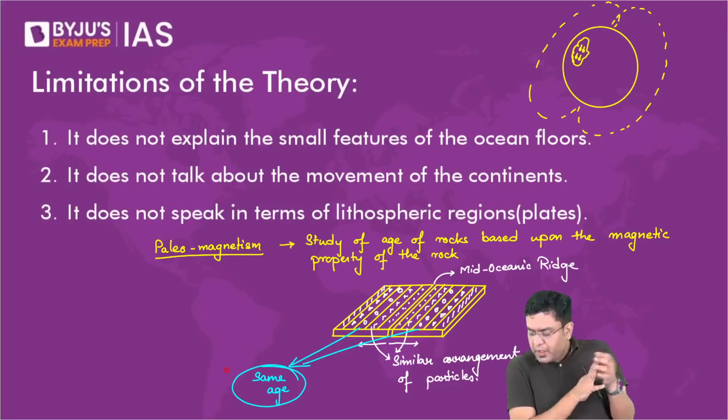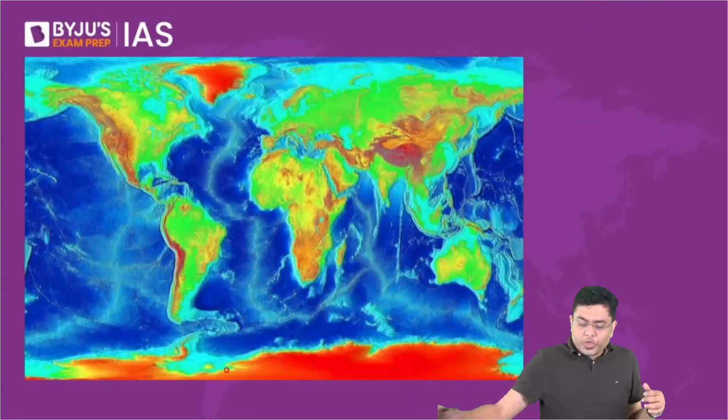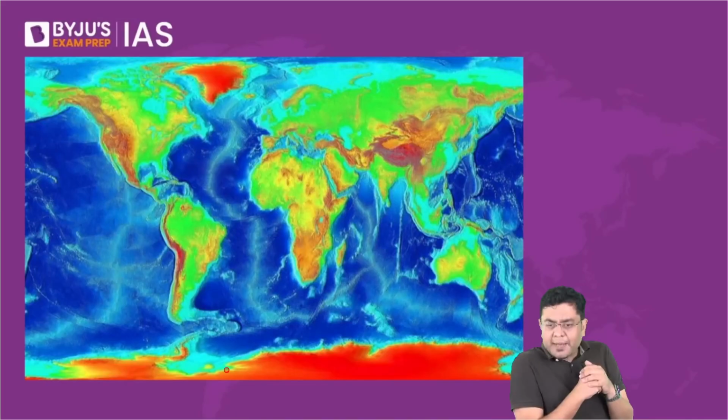Mid-oceanic ridge. A ridge is an upraised portion. Any kind of upraised portion of land that you come across is referred to as a ridge line, etc. That is when it exists in the middle of the ocean. This is your example of a mid-oceanic ridge. When you look at this world map, many times you would have observed the blue color representing the oceans.